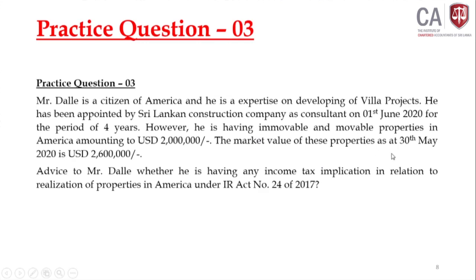Can we take it as at 31st May 2020, because I forgot there are 31 days in the month of May. Then we will take this as 31st May 2020. The market value is $2.6 million. Now, the examiner is asking you to provide advice to Mr. Dale with reference to this situation. What are the tax implications?